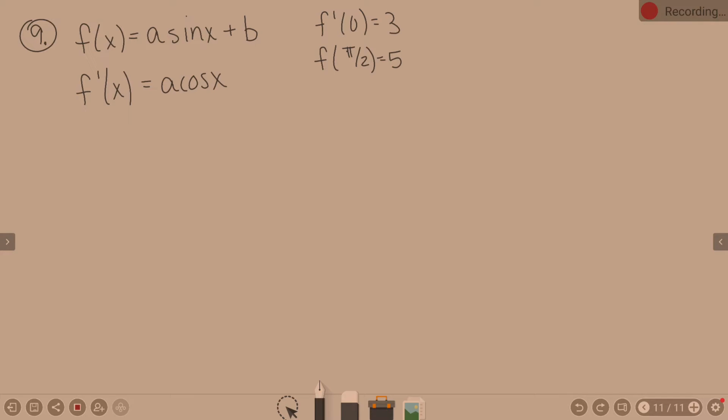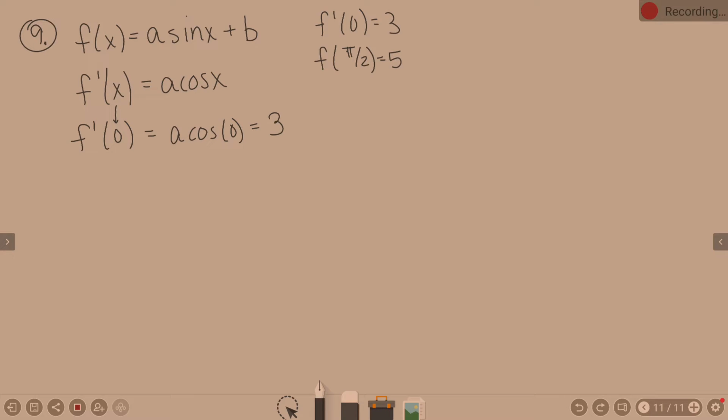If we go ahead and look at, they gave us f prime of 0 is equal to 3. So that's saying we're going to put 0 in place of x, right? So it's going to be a times cosine of 0. And what's that going to equal? It's going to equal 3. So you put 0 into the derivative, that equals 3.